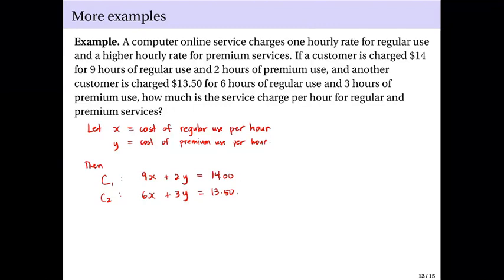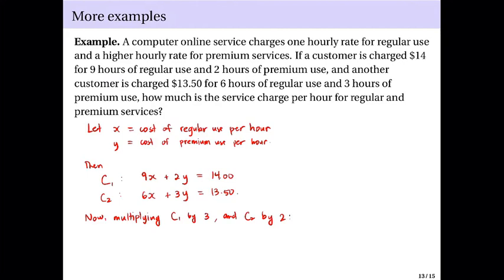We can multiply one of the equations here, say C1. So multiplying C1 by 3 and C2 by 2. We chose these numbers so that the variable y will have the same coefficients.